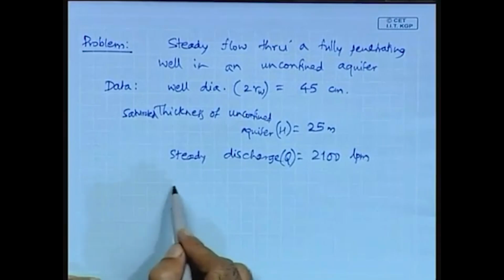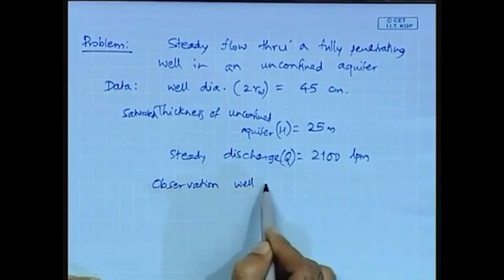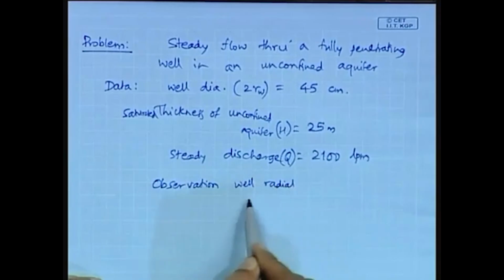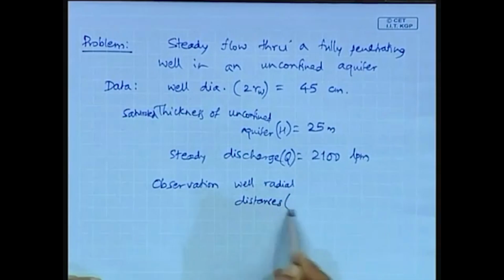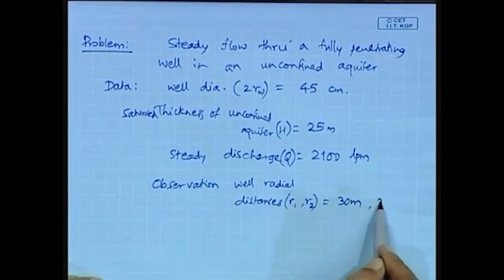The observation well radial distances, that is R1 and R2, R1 comma R2, this is 30 meter comma 90 meter.